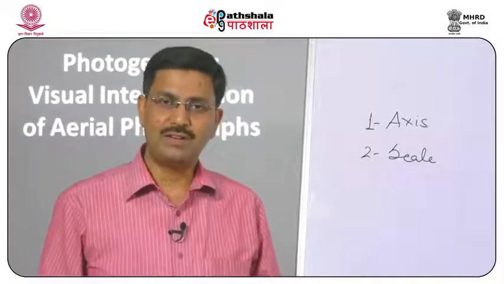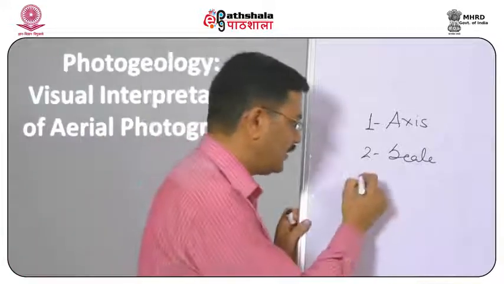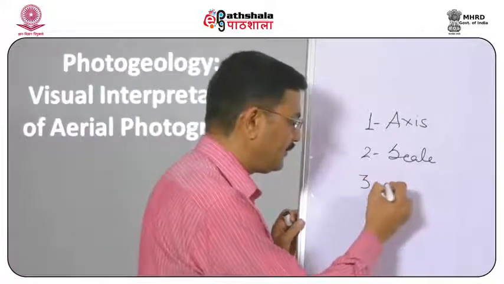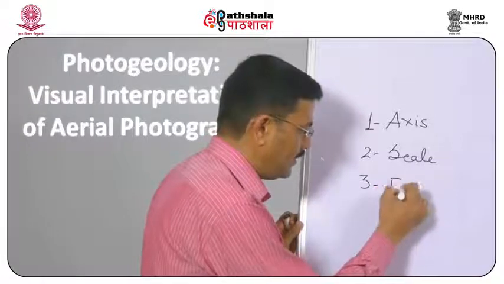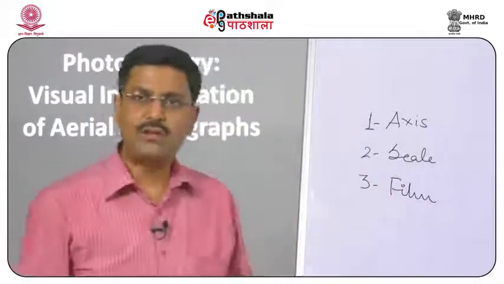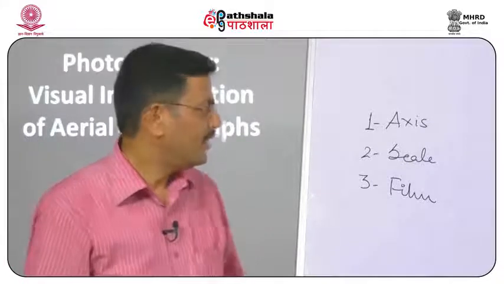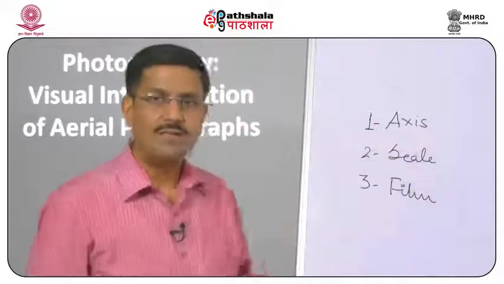I will also explain what the scale and the axis are. And the third, the most important, is the film that is used in order to capture the aerial photographs. Let us see one by one.